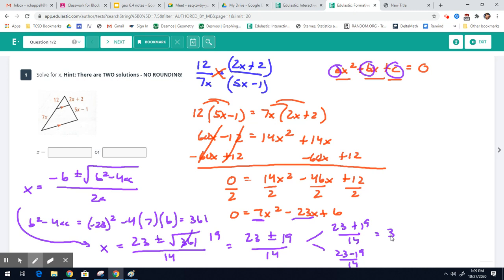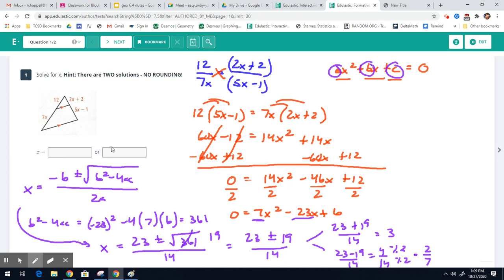And the other one, 23 minus 19 is 4, and 4 divided by 14, that's where you can't round. So you get 4 over 14. 4 and 14 are both divisible by 2. That's 2/7. And here are your potential two answers, 3 and 2/7.